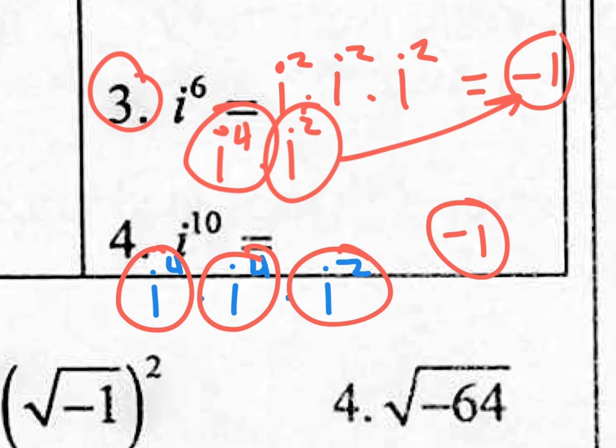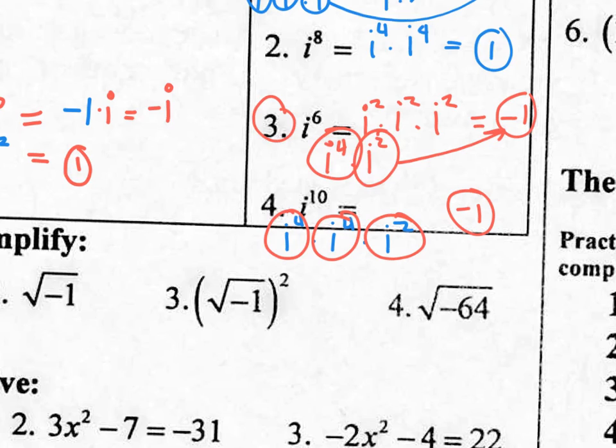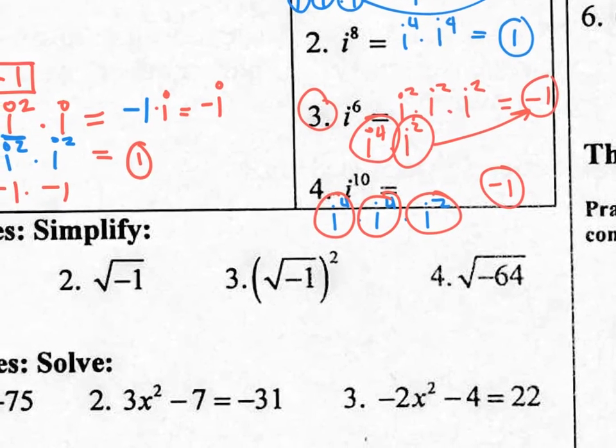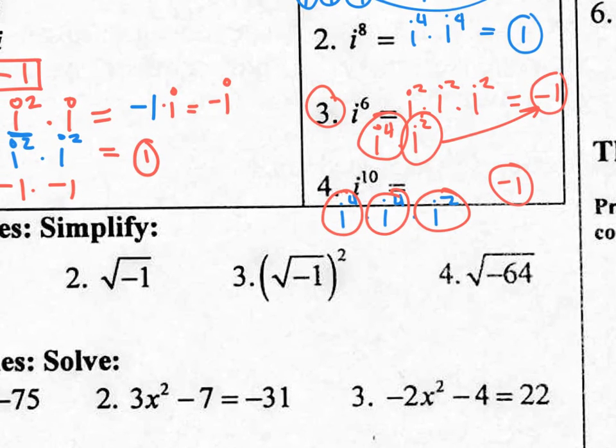Whenever you just have i to a certain power, it's either going to be i, negative i, 1, or negative 1. That's the bottom line. If you did go i squared 5 times, it's really negative 1 times negative 1 times negative 1 5 times, which would ultimately give you a negative 1 as an answer.